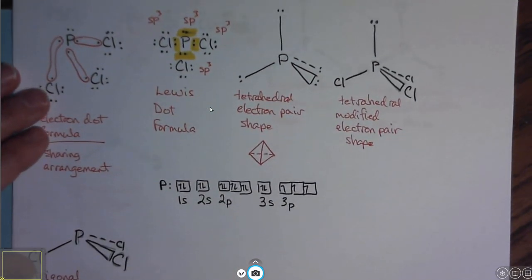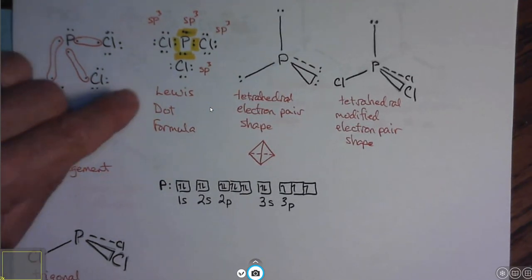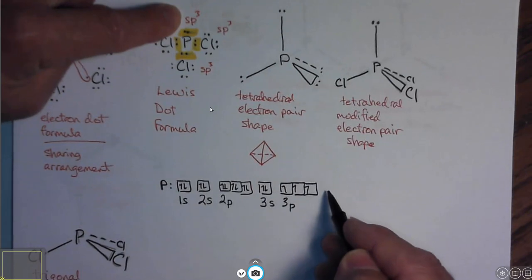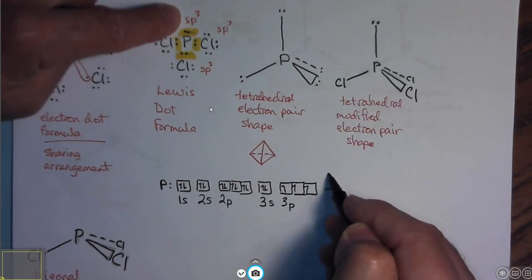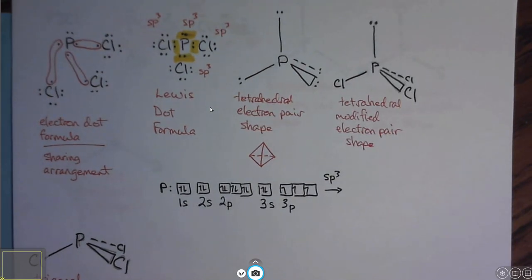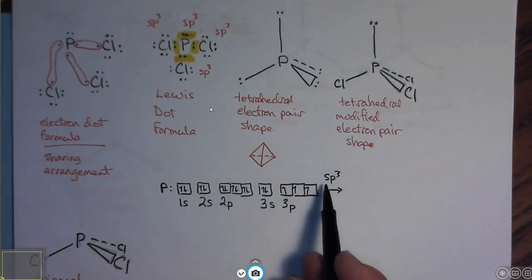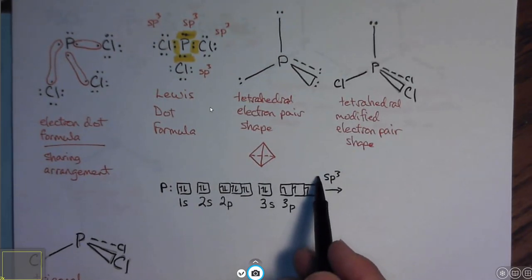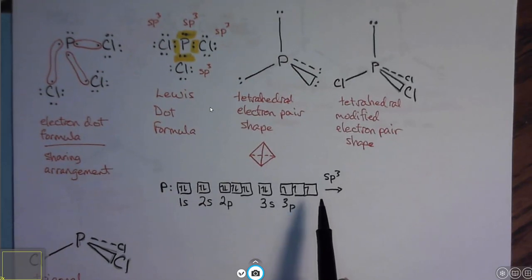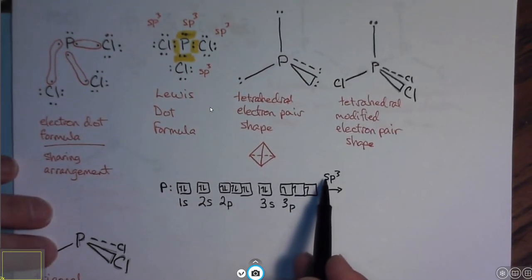Then we were going to do an sp3 hybridization here. To hybridize it to sp3, the s right here is like you're implying a superscript 1 on the s. I don't write it, but there's an implied superscript 1. That means we have 1 s orbital.